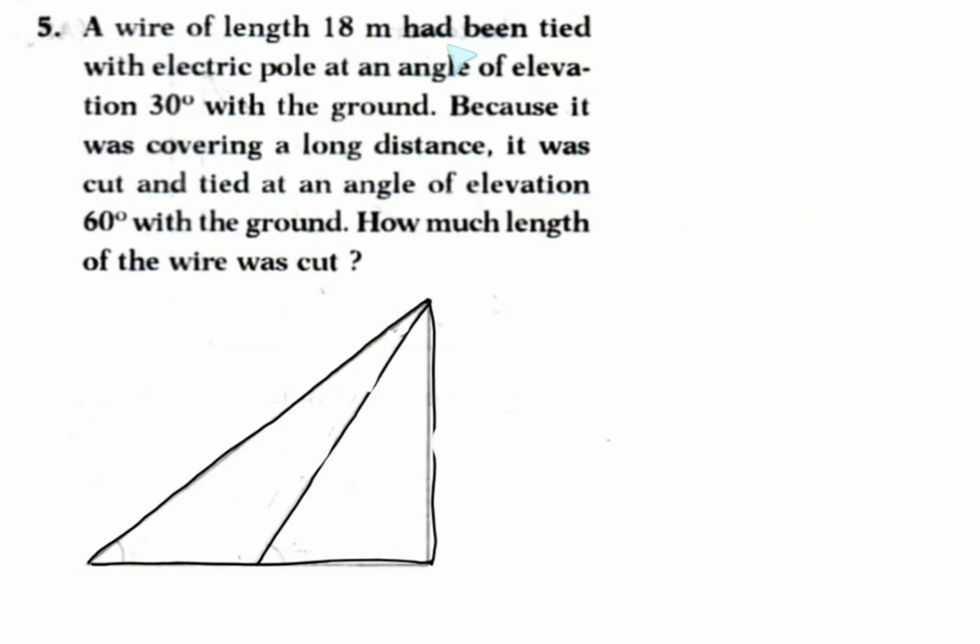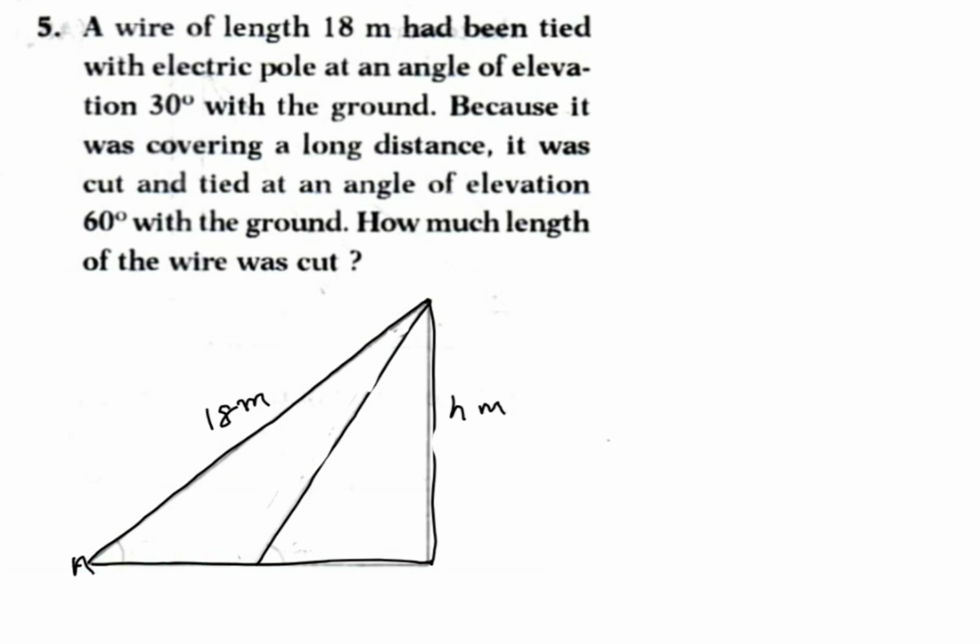A wire of length 18 meters had been tied to the electric pole. This is the pole. Its height is h meters. This is the wire, which is 18 meters.